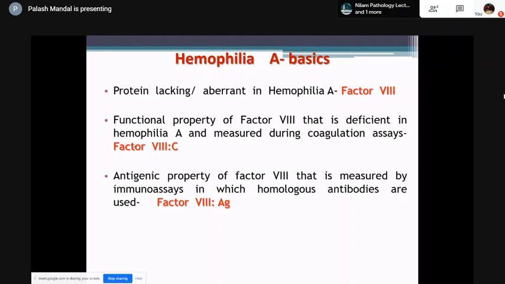The functional property of factor VIII, by which it functions and which is measured by coagulation assays, is called factor VIII:C. The antigenic property, which is measured by immunoassays, is called factor VIII antigen. So there is a difference between these two.